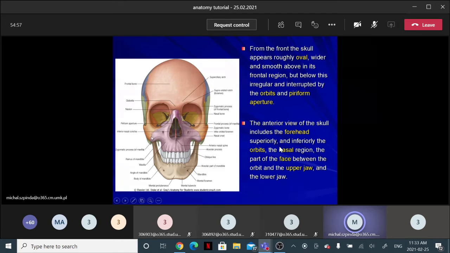More, we can see the zygomatic bones with their bodies and two processes, frontal and temporal process. And the inferior 1/5 of the face is composed of the mandible.